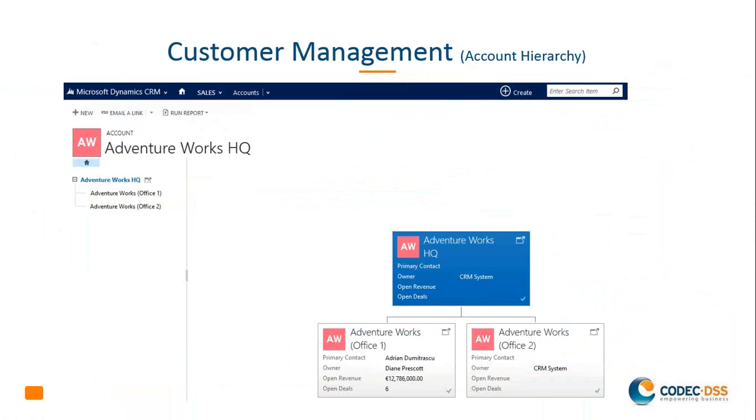The customer management has a completely new feature in 2015. If you have 2013 or an earlier version of CRM, you wouldn't find this option. It comes with the new release and is included in the 2015 version of CRM: the customer account hierarchy. I think it's the best way because it visualizes the parent and child accounts.